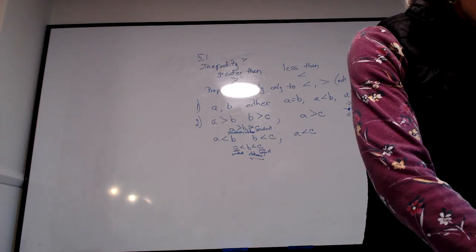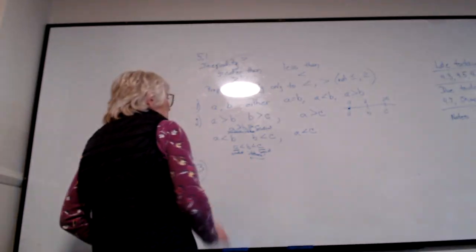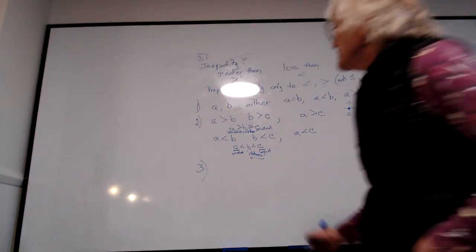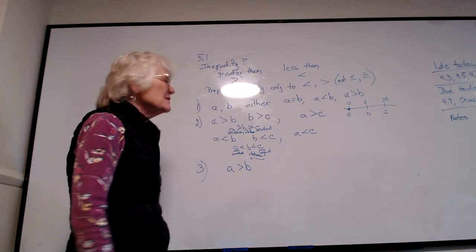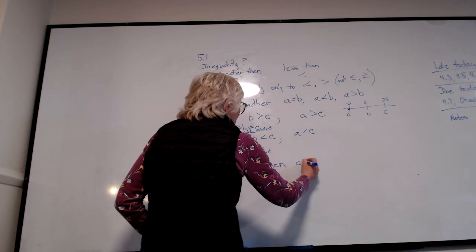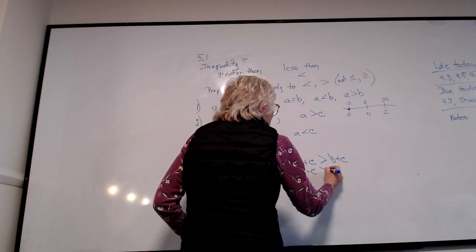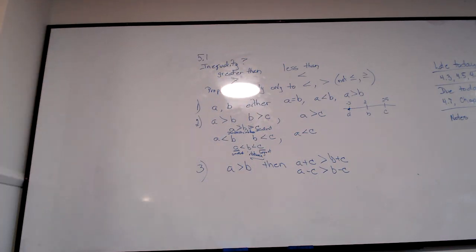Okay. The next thing is both the addition and subtraction property. If you have a statement where A is greater than B, this also works for less than, then A plus C is greater than B plus C, or A minus C is greater than B minus C. So if I take the same number and add it, or take the same number and subtract it, it's going to give me a true statement.